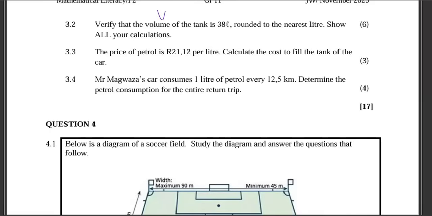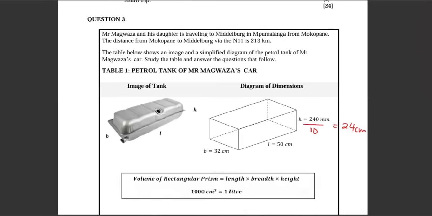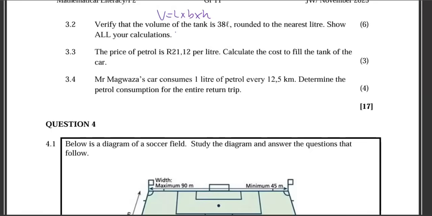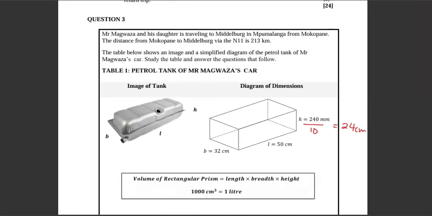So we shall say V equals L times B times H. So my L is 32,50, width is 32 and the height is 24. So we shall say 32,50 times 32 times 24.